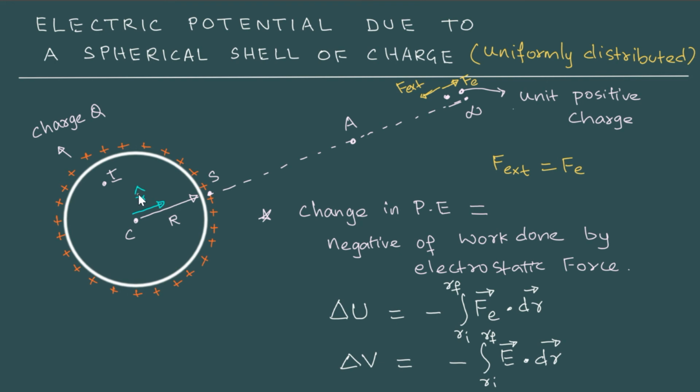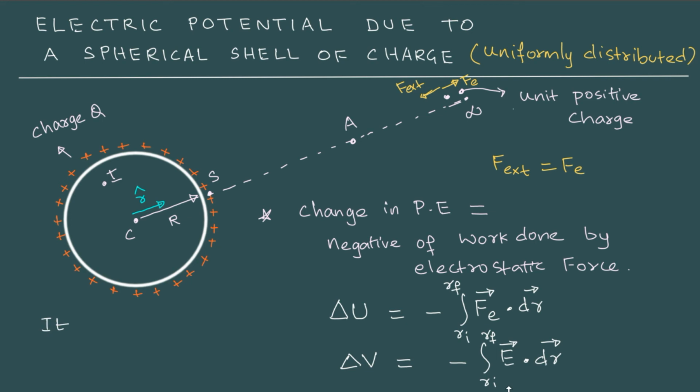Anything that is measured radially outwards is considered positive. So even though we might bring the point charge towards the center, we always assume that the charge is getting displaced radially outwards.